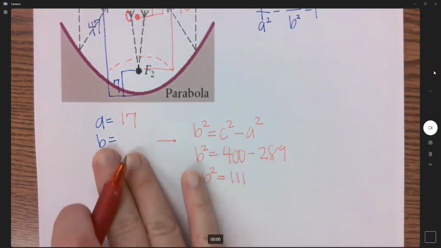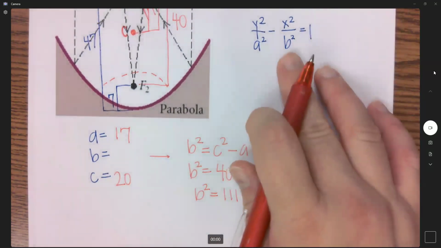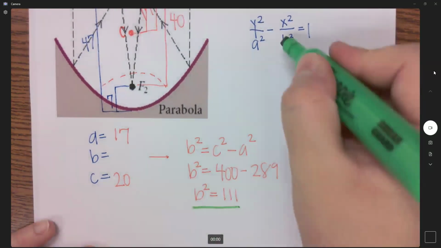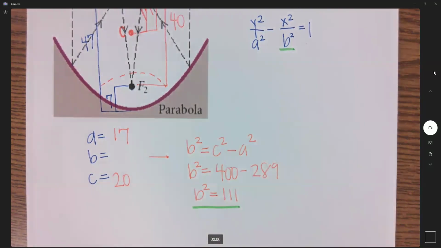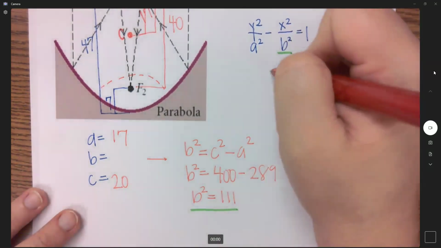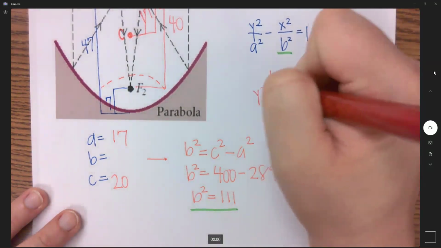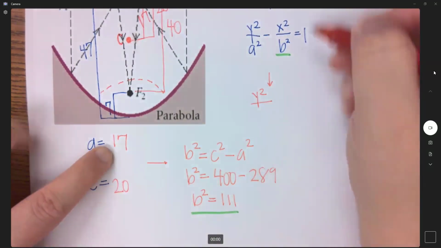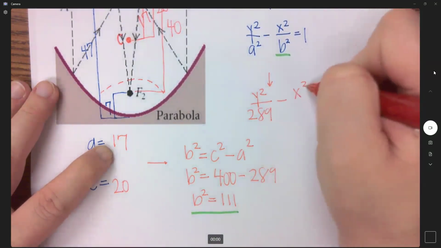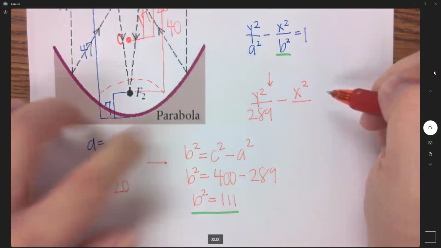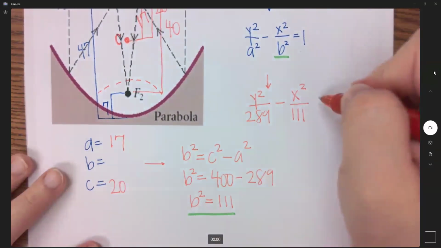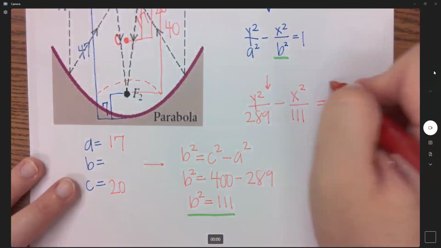Now you can take the square root to get B, but all I need is B squared for this formula, and I have that. So my formula is y squared over a squared, which is 289, minus x squared over b squared, which we just found to be 111, equals 1.